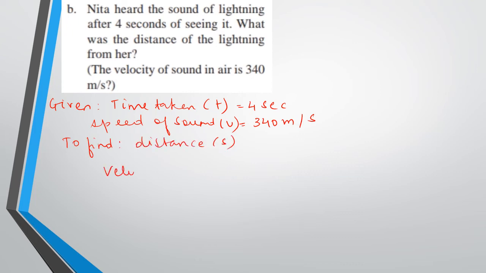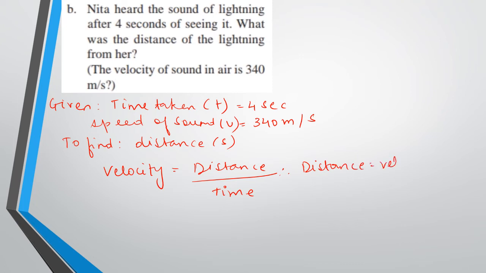So velocity is equal to distance upon time, but we need to find out the distance. Therefore distance is equal to velocity into time. So your velocity is 340, your time is 4. So 340 into 4 gives us 1360 meters.